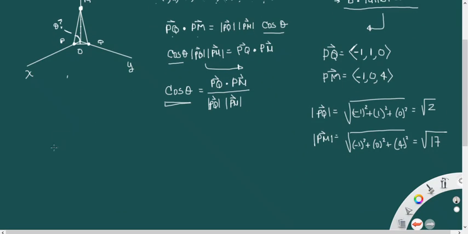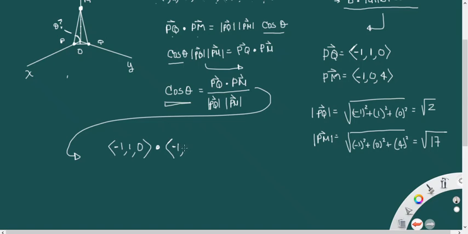Okay, solving for that and doing the substitution, this will be equal to the components for vector PQ, minus 1, comma 1, comma 0, dot product the components for vector PM, minus 1, comma 0, comma 4, divided by the product of the lengths of the vectors, which are the square root of 2 times the square root of 17.